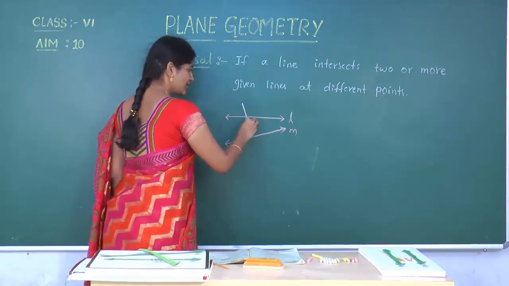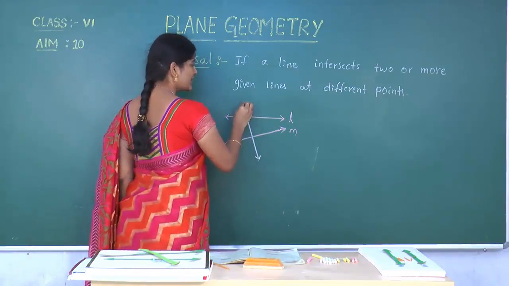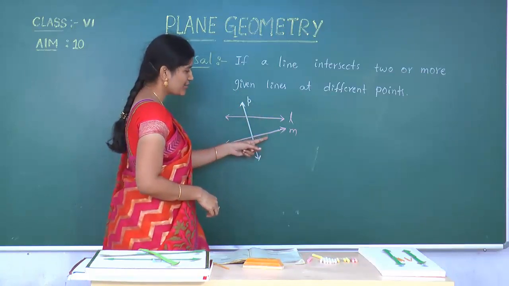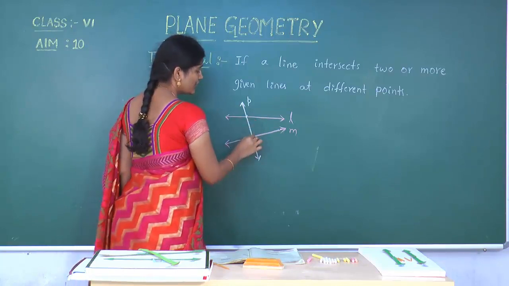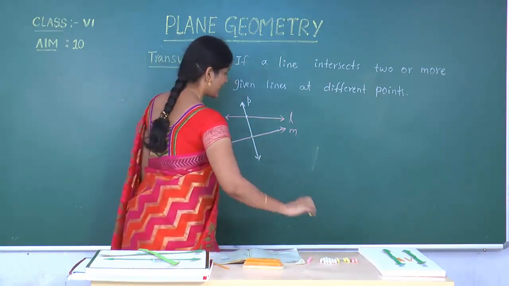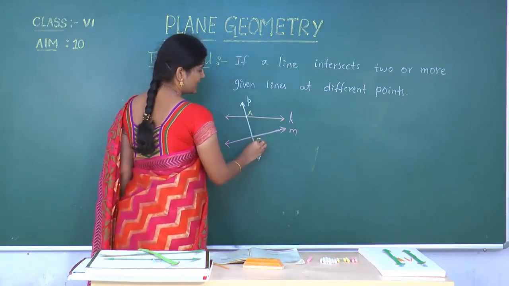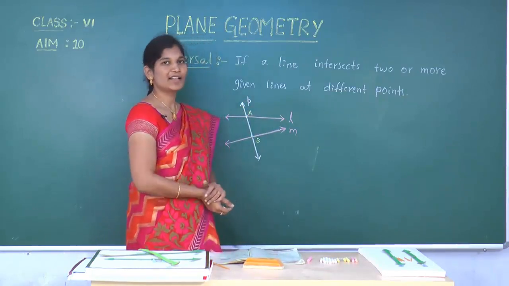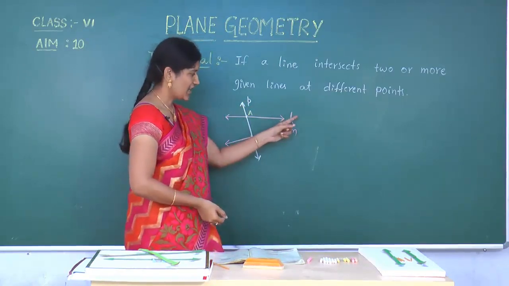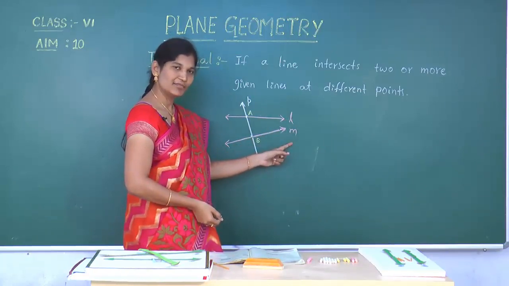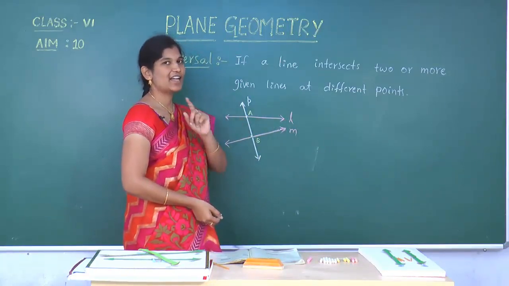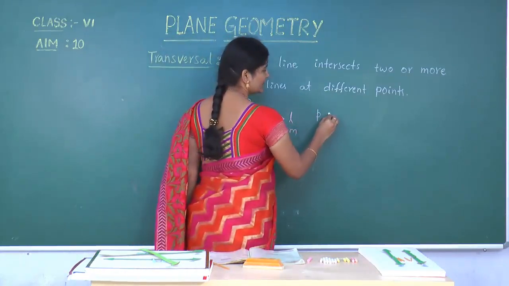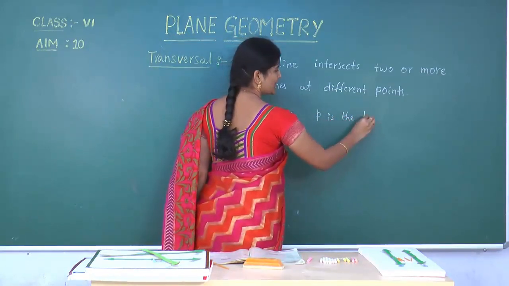Now see, I am taking one more line which is P, and P is intersecting both L and M at two different points, let them be A and B. Among these three lines, what is the transversal? Can you say? Is it L or M or P? Yes, P is the transversal here.